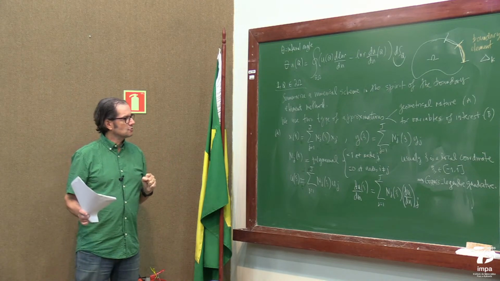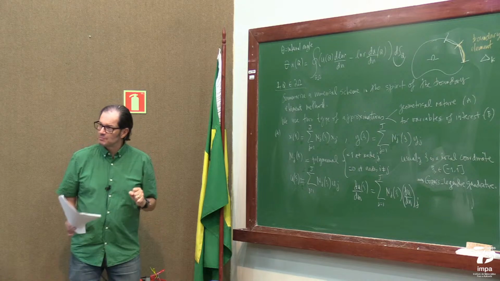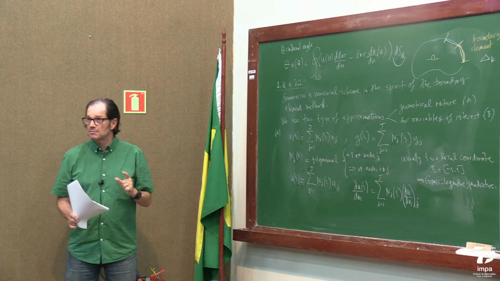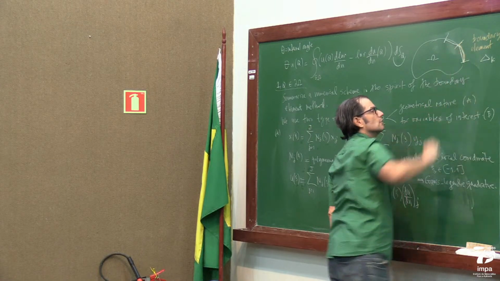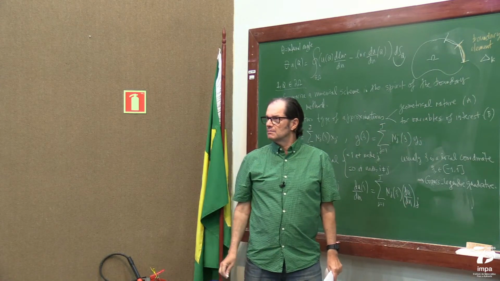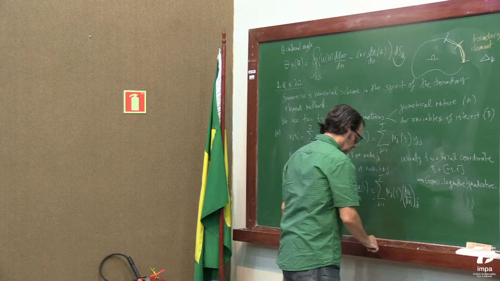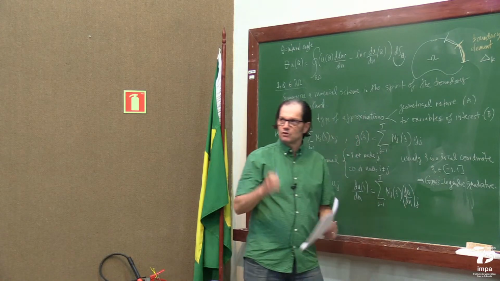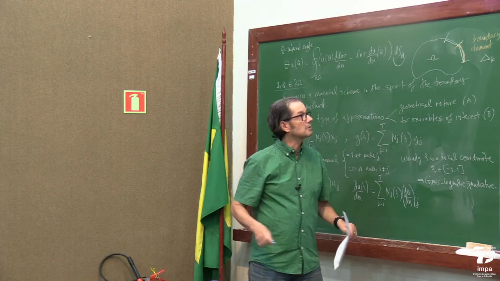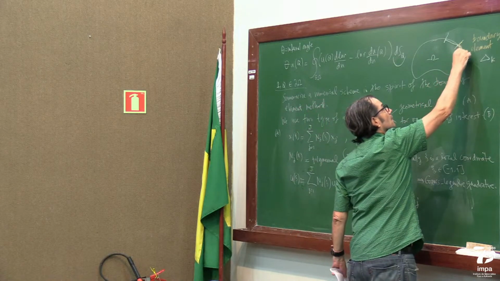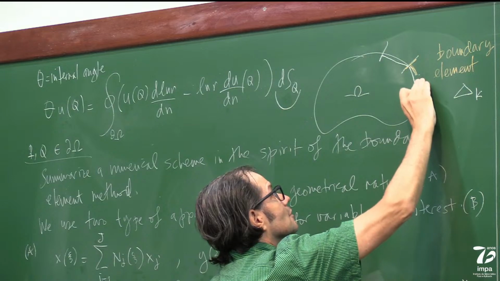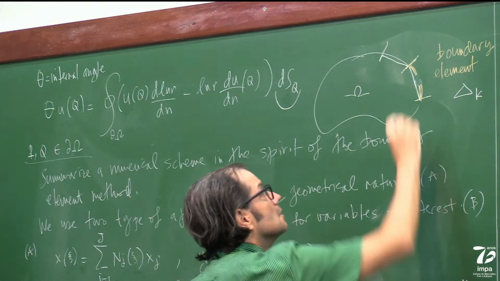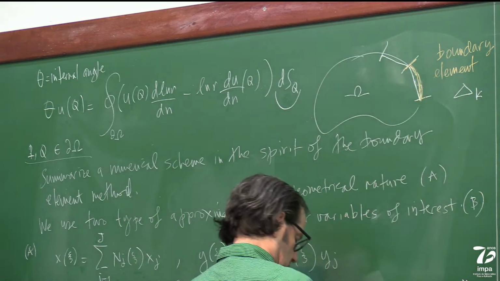So this is what I did first: the simplest boundary element method. The simplest one is to approximate the boundary by a straight line, and let me use a different color. I hope in the video the blue shows up, so I make maybe a very big thing. And I did this, look. This is the original boundary.